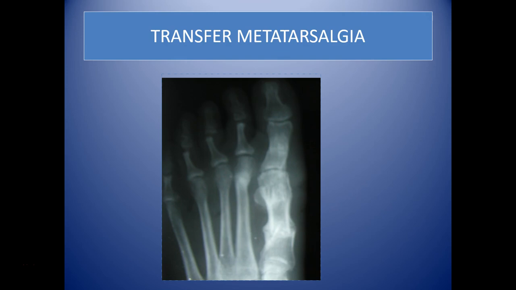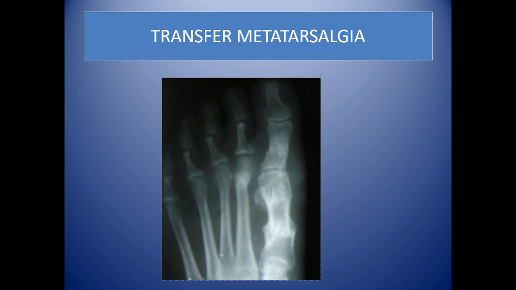However, if you were asked the question, is it possible to develop transfer metatarsalgia even with a well-performed first metatarsal osteotomy where there is not apparent excessive shortening? If you were honest, you'd have to say, yes, that can happen.